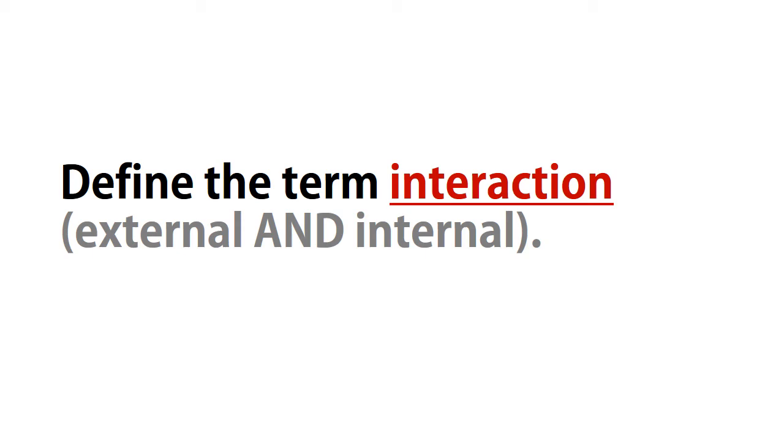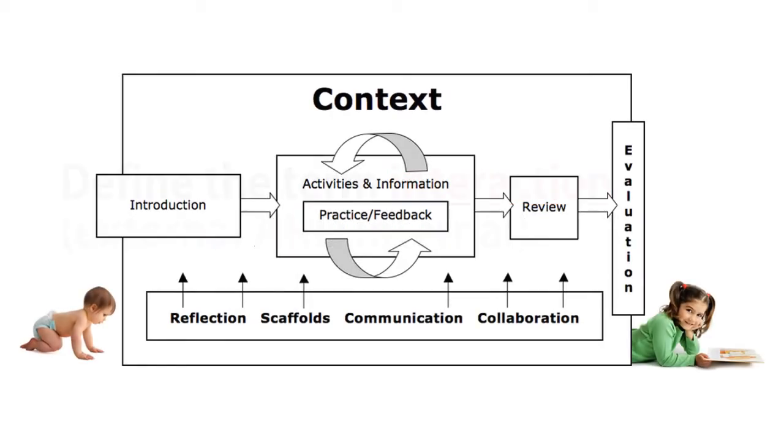Again, details about this are presented in the course notes. And as I previously pointed out, within an instructional experience, the degree to which the learner interacts with information in the environment, both internally and externally, is the degree to which they will actually learn something.